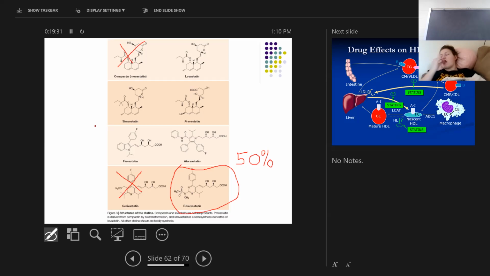And lovastatin is used a lot for menopausal women, because after menopause, some women's LDL starts to creep up a whole bunch, or just a little bit, whereas before menopause, their numbers are really good. Lovastatin is good for that because it's a weaker statin and it can take numbers that are outside the range and put them back in the range.